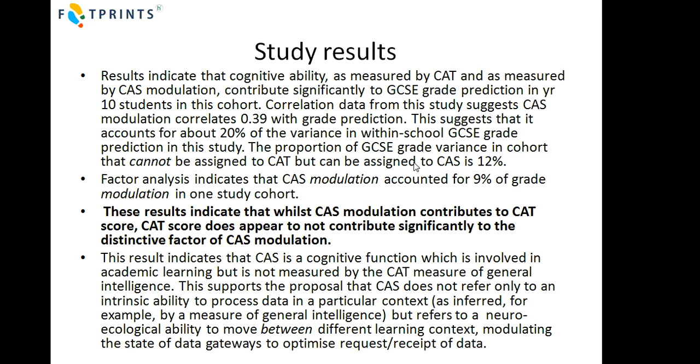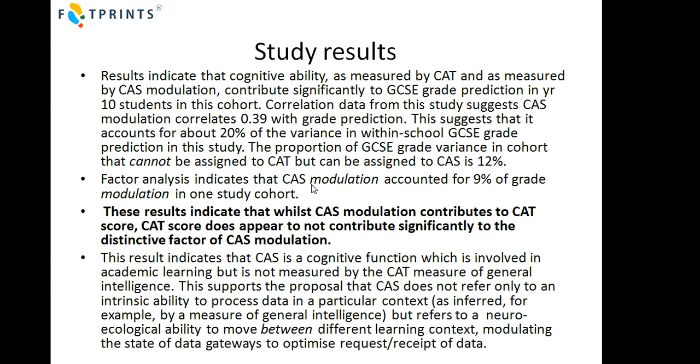So CAS state seems to be measuring something which is not measured by CAT score. It's a different quotient, a different function that we are measuring here, which isn't currently being measured by the cognitive ability test.